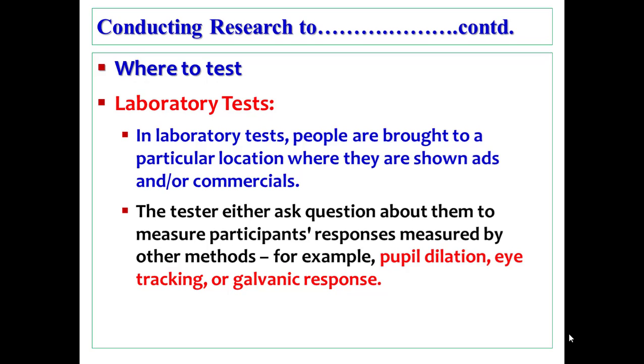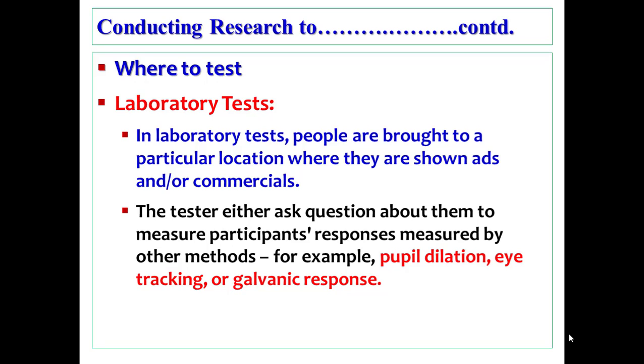Laboratory test means we are going to find a separate location which is controlled from various extraneous variables and uncontrolled situations. In this case, the researcher can particularly select the particular response that the customers have about our advertisement. By its very nature, laboratory testing is applied in various fields, in social science and at the same time in natural science.